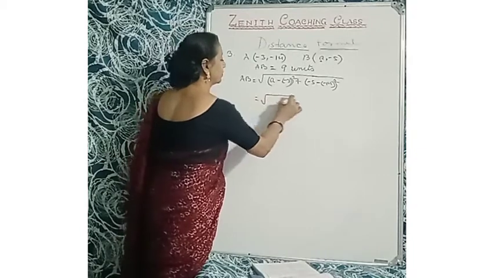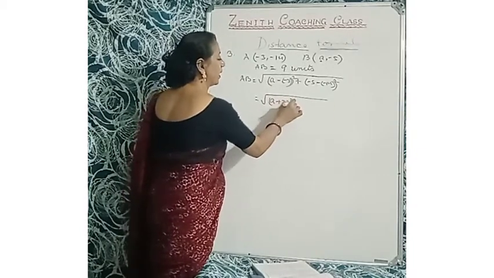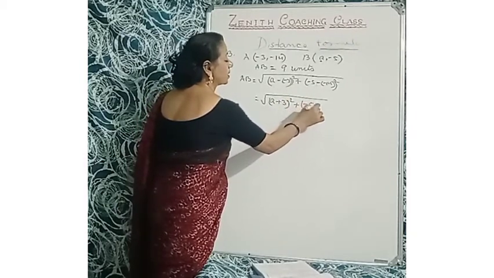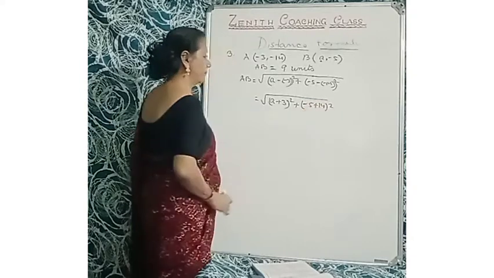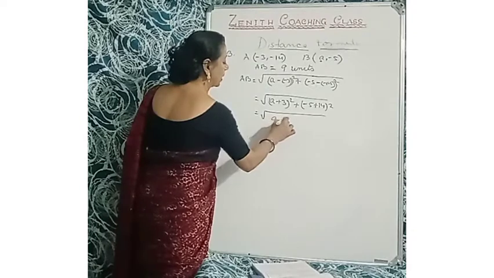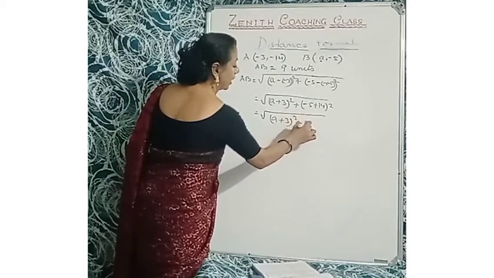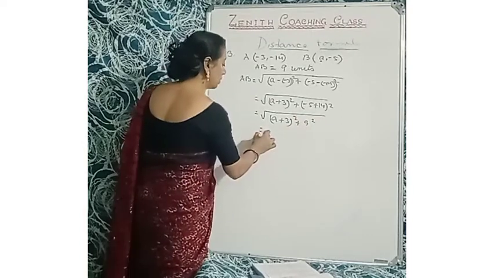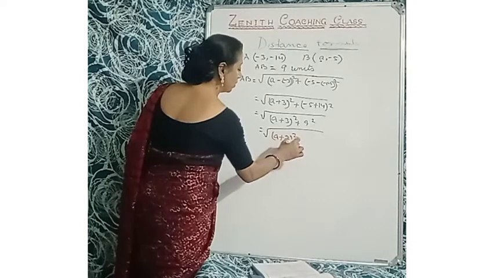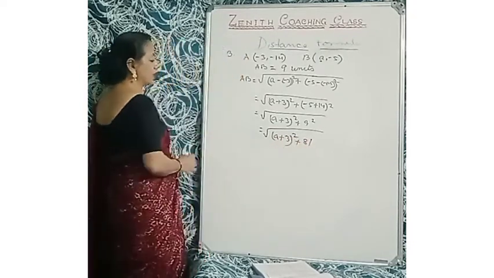That is the square root of (a plus 3) whole square plus (minus 5 plus 14) whole square. So (a plus 3) whole square plus 9 square, that is (a plus 3) whole square plus 81, and AB was 9.